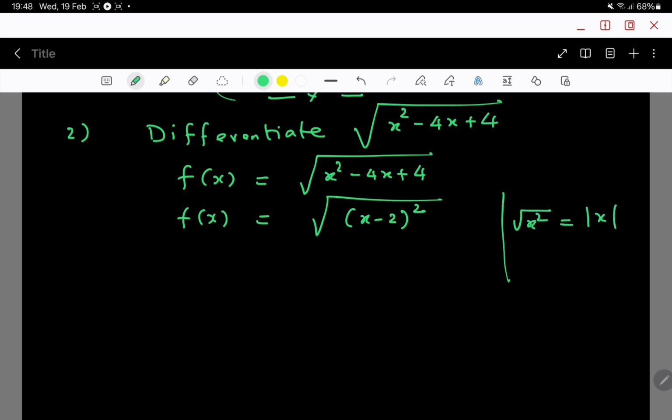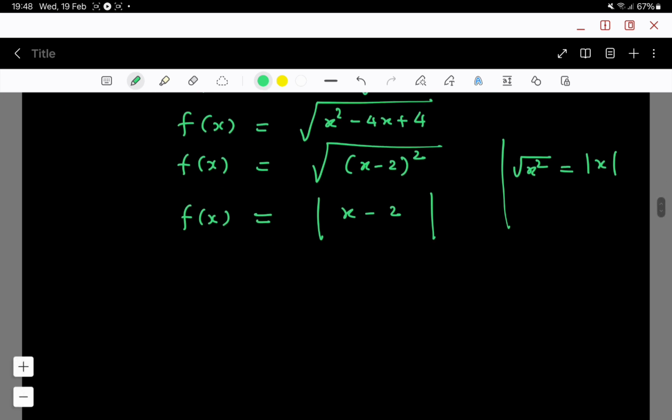Okay. Don't write plus or minus mod of x, only mod of x. Similarly, under root of x minus 2 whole square is written as mod of x minus 2. Now this is f of x. If it is x minus 2, we differentiate directly, 1 minus 0, 1. But x minus 2 is in the modulus.